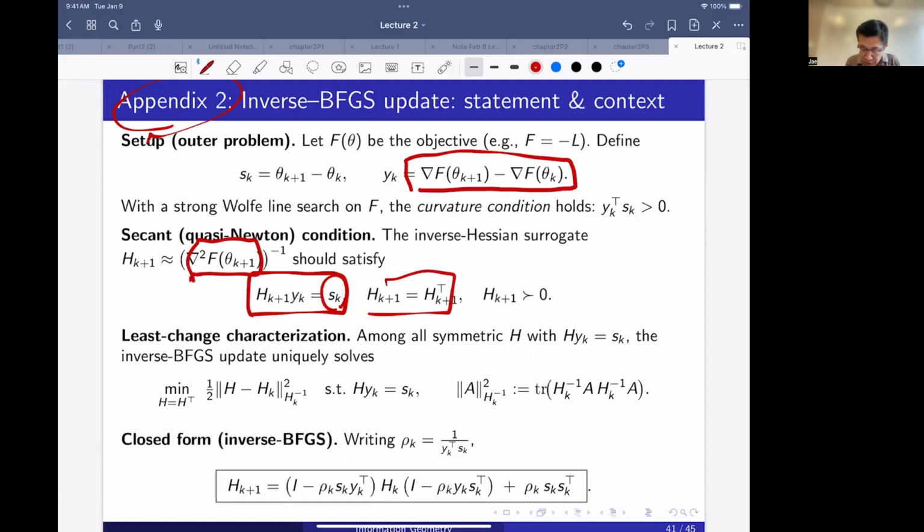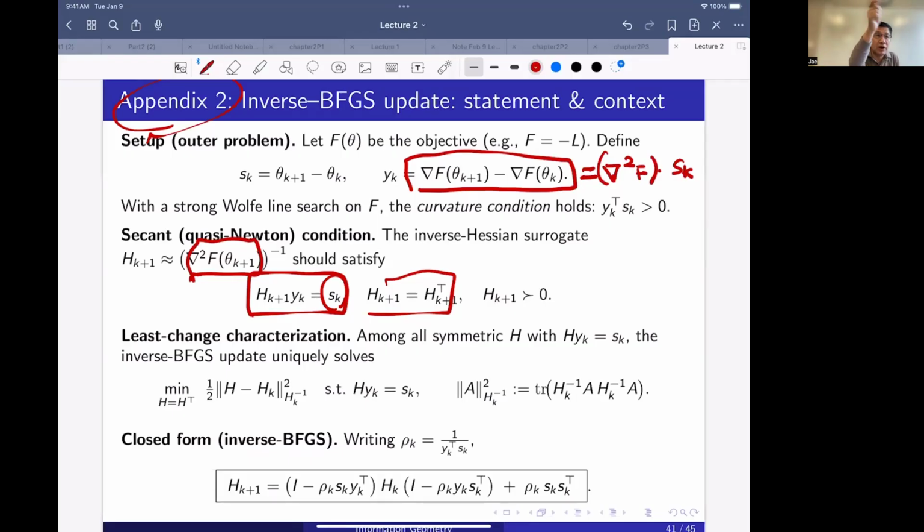So you want the change in the tangent to be the Hessian, I mean, not Hessian, Hessian inverse. So you want this to be approximated by the Hessian of f times s_k. That is a kind of numerical way.